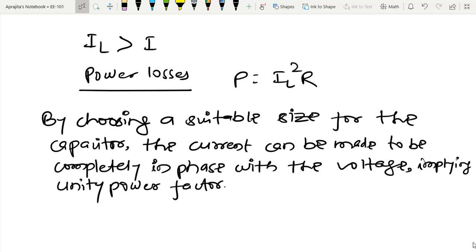Due to that reason, we need a large amount of current, and this large amount of current requires larger losses of power, and we have to pay a lot of electricity bill.